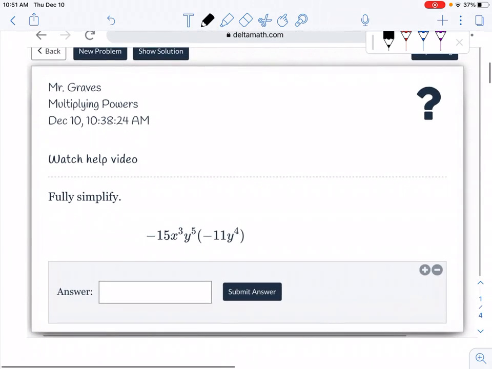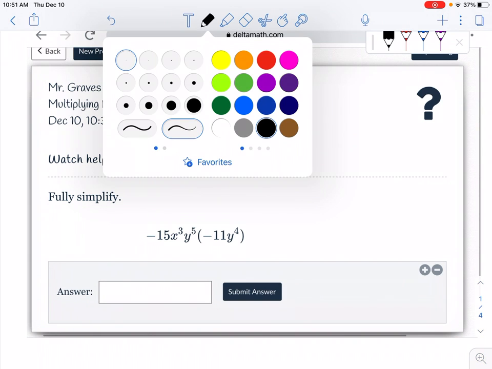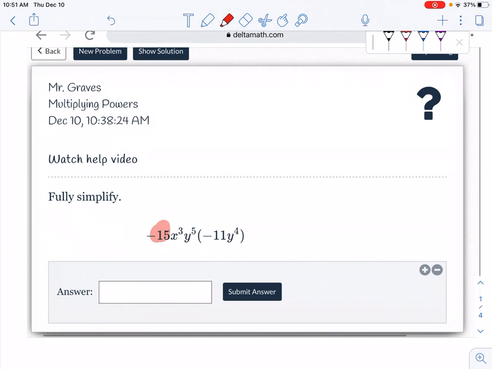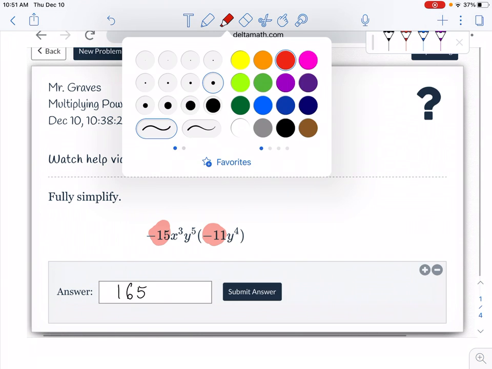All right. So again, we're working with -15 times -11. Signs are the same, so we get a positive because we're multiplying. And 15 times 11 is going to give us 165. I'm working with now my x.